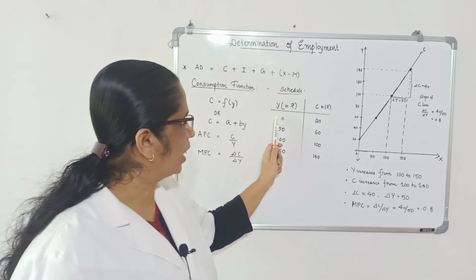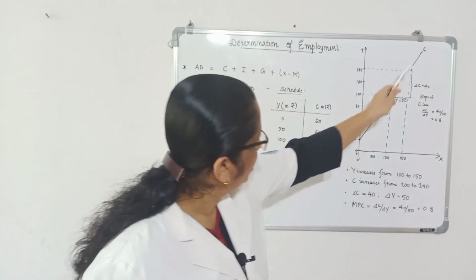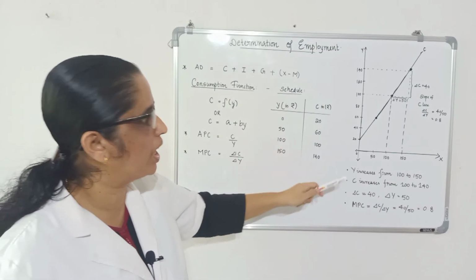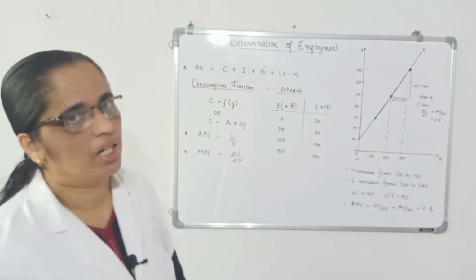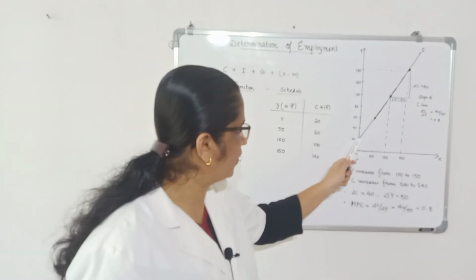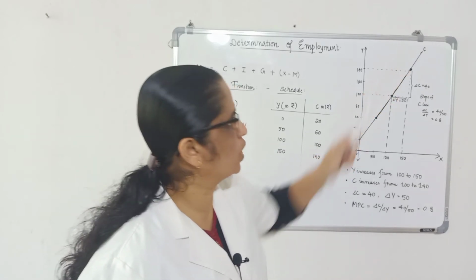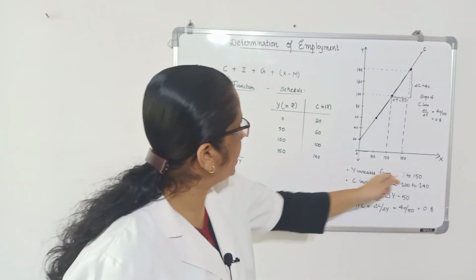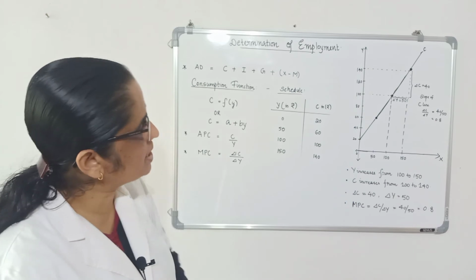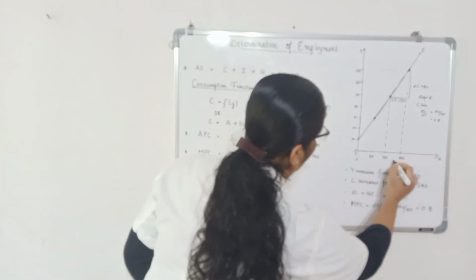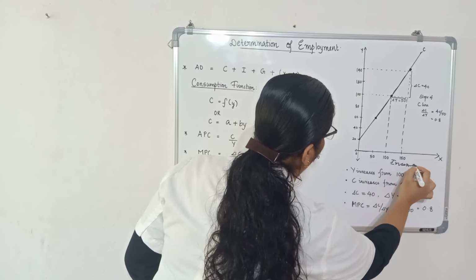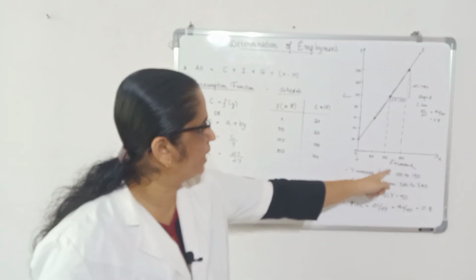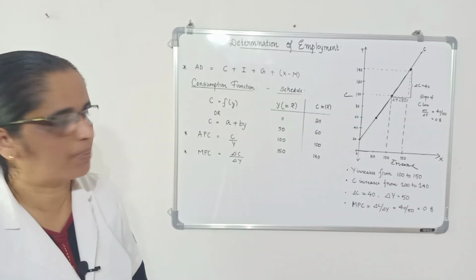If we plot income and consumption in a graph, we will get the CC curve, the consumption function curve. On the OX axis we measure income, and on the OY axis we measure consumption.